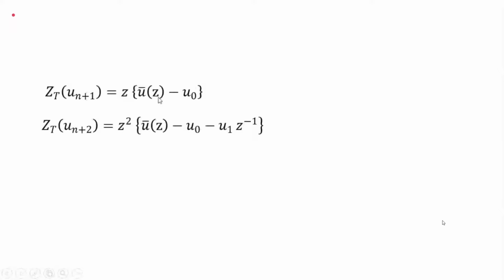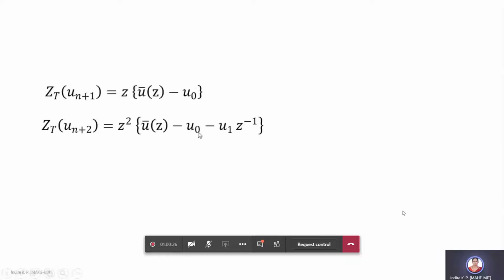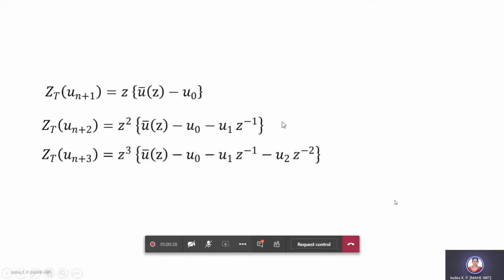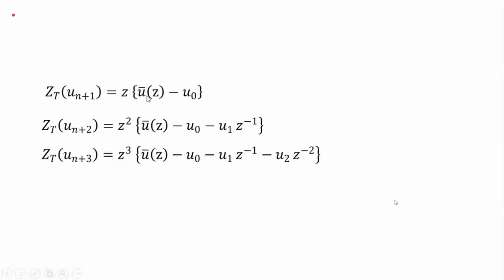It is z into u bar of z minus u naught. What is the z transform of un plus 2? Z squared into the z transform minus u naught minus u1 z to the power minus 1. Similarly, this. You may be remembering the similar equations that we had for Laplace transforms while finding Laplace transforms of the derivative, and we have used those results.